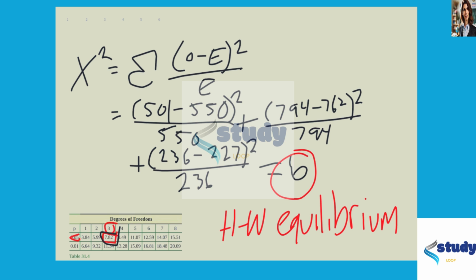Okay, but instead, we're finding that the chi-square test sort of suggests that this particular population is not seeing a change in the allele distribution, right?